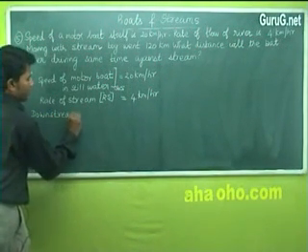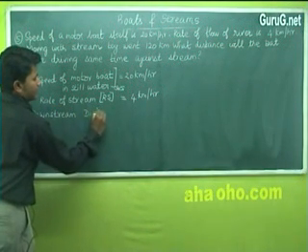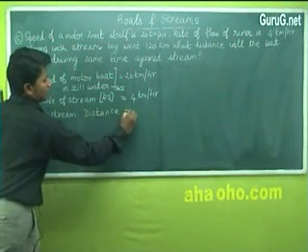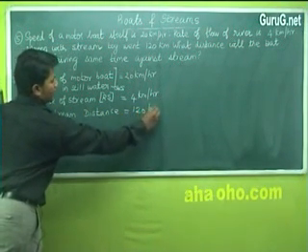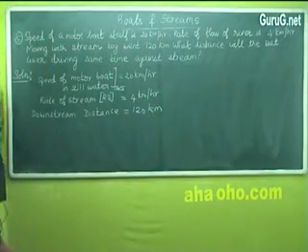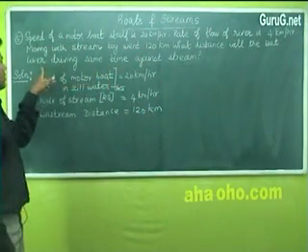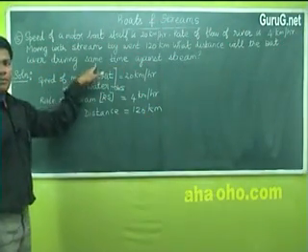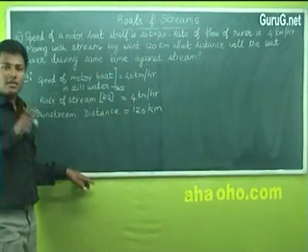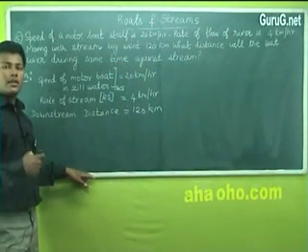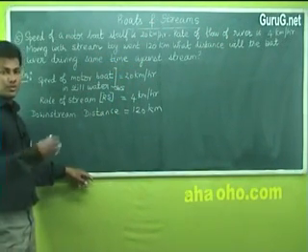Fine. You are asked to find the distance the boat will cover in the same time against the stream. In the same time, what will be the distance that will be covered upstream?